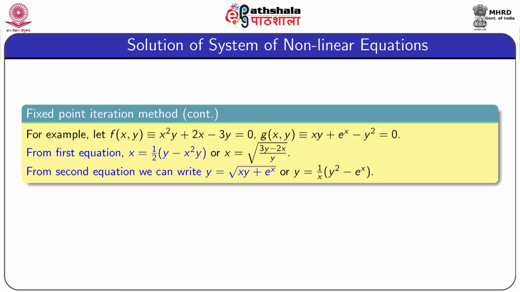Similarly, the second equation can be written as y equal to square root of (xy plus e to the power x), or it can also be written as y equal to 1 by x into (y square minus e to the power x). Many other representations can also be obtained for these two functions. Here only 2 alternatives are given.